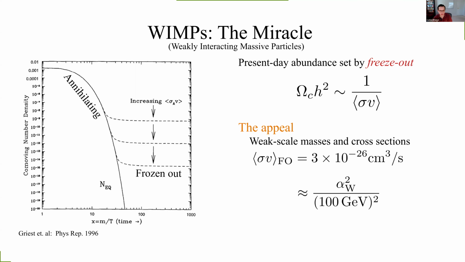And there's this interesting coincidence where if you just close your eyes and say, well, this interaction strength, the thermally averaged annihilation cross section sigma v, if I just put a numerical value that is typical of weak scale interactions, and what I mean by weak is the kind of interactions that we see in the weak nuclear force, you get the right relic abundance. You get the right abundance of dark matter in present day.